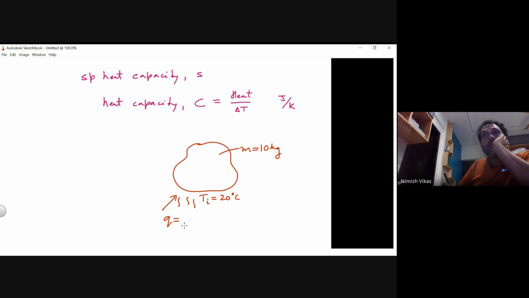Say I provided 200 joules of heat to it, and the final temperature became 25 degrees Celsius. So can you tell me what is the heat capacity? Is there enough information for heat capacity?